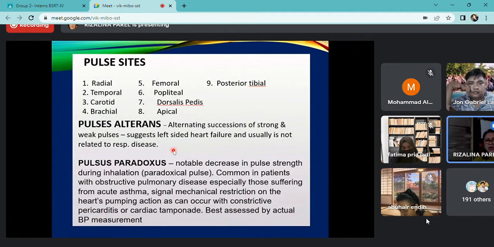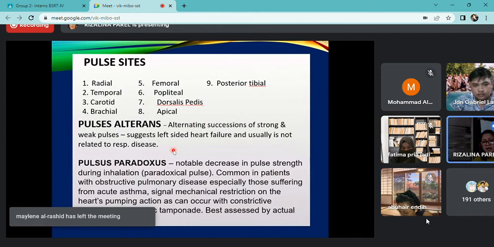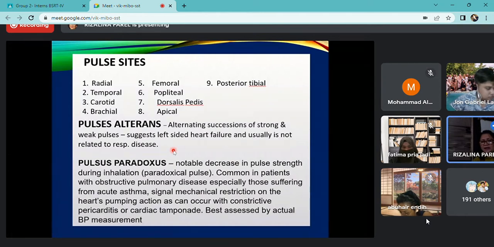Pulsus paradoxus naman, this is a notable decrease in pulse strength during inhalation. So kapag nakakita kayo ng merong pulse rate affected during inhalation or during paradoxical pulse is what we call as pulsus paradoxus.